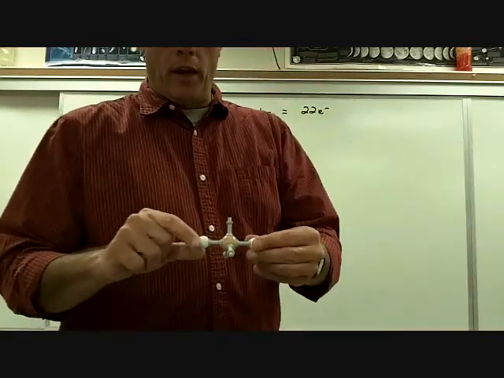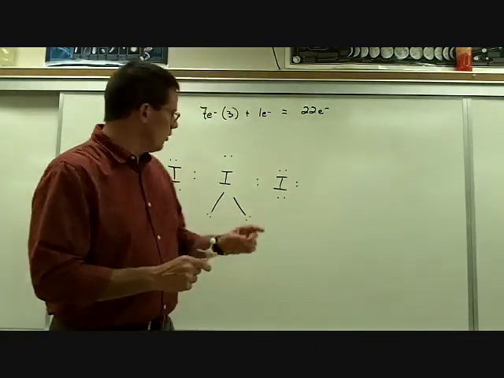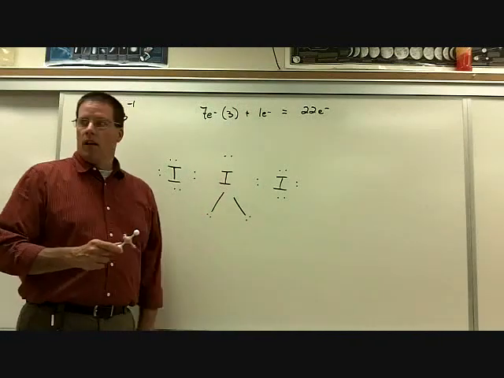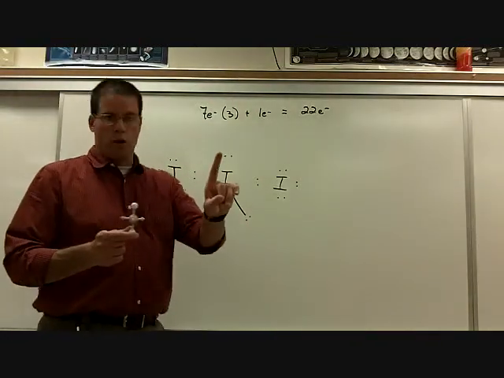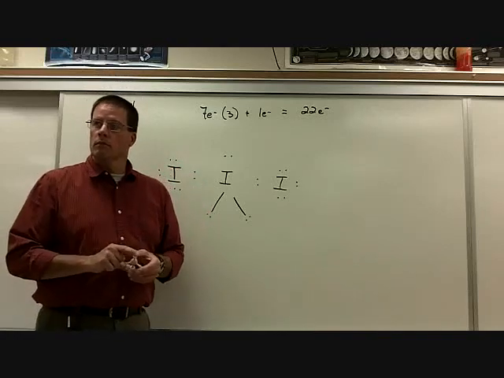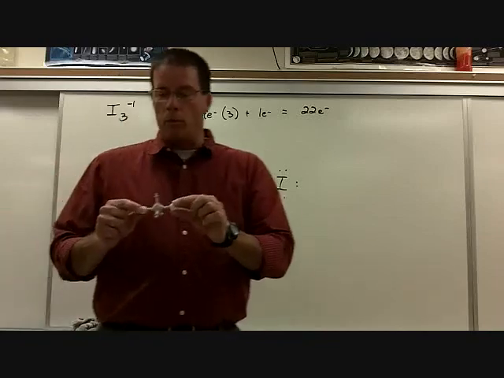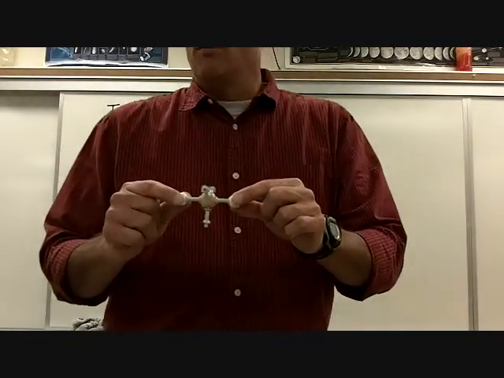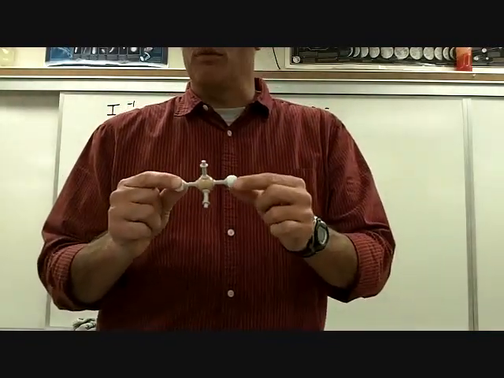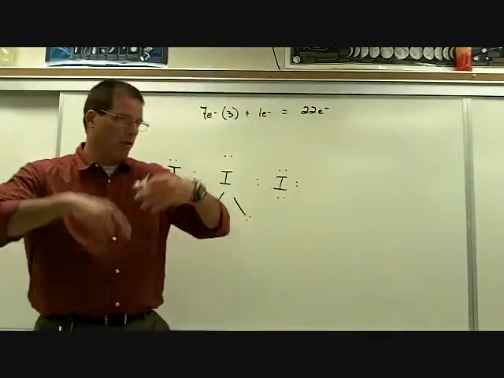So it is a linear shape. Even though we have lone pairs of electrons, this is a non-polar compound. This is your 1 of 2 exceptions. So basically, anytime it's linear in this one, it's going to be non-polar, as long as these 2 atoms are the same. Very good. If they're different external atoms, that throws everything out the window.